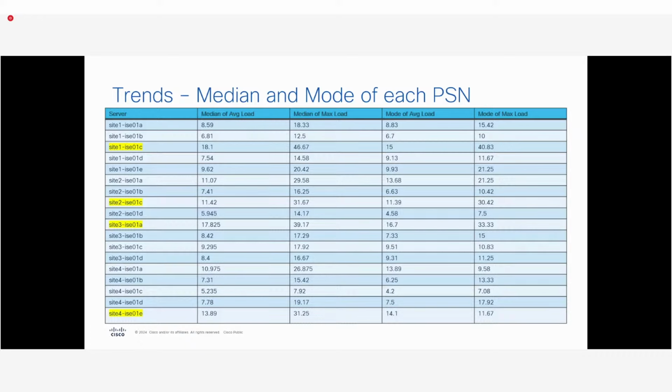And the mode is a little bit more challenging because it's multiple decimal points and sometimes they don't match up. But you can essentially get a report like this that says mean, median, and mode. How many more sessions can I handle within my ICE deployment per node? Well, based on this, I have significant expansion capabilities with a lot of these having in the 56 percentile ability for me to expand out.